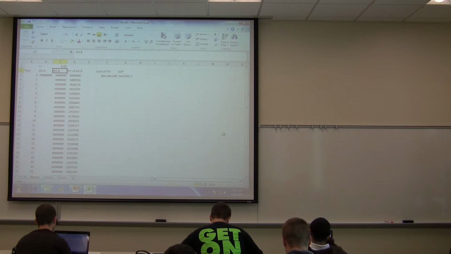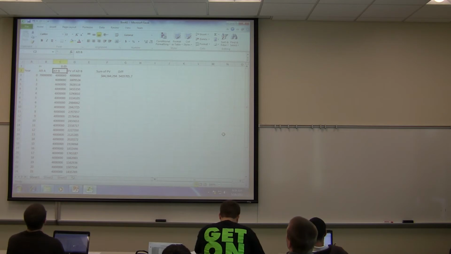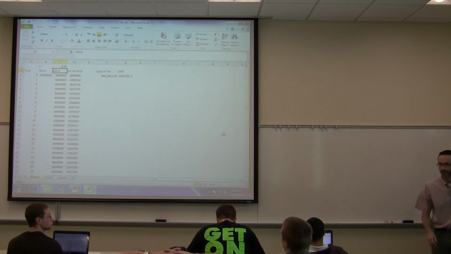So explain to the person who's confused why a high interest rate, in this case, makes the present value of the payout lower. How would you explain that to someone who's confused? That's what I'm asking in the first part of the in-class exercise.